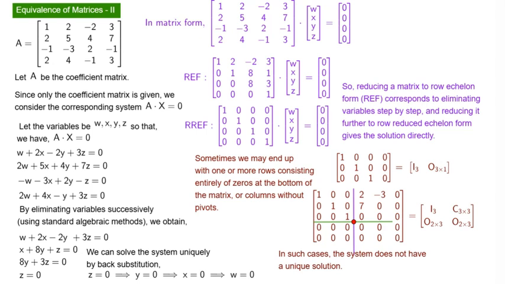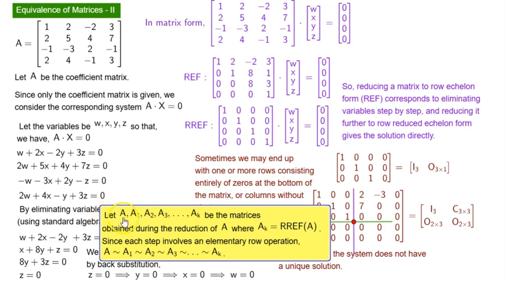Now here, where does equivalence of matrices come into picture? Let A be a given matrix, and A1, A2, A3, A sub k be the matrices obtained during the reduction of A, where A sub k is equal to the row reduced echelon form of A. Since each step involves an elementary row operation, all of these matrices are equivalent to each other.